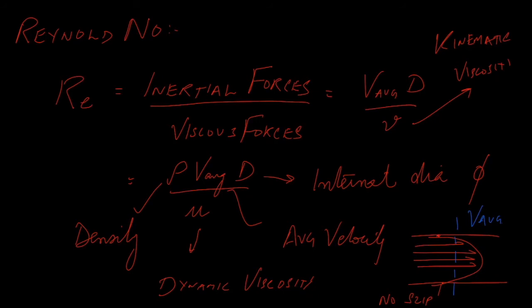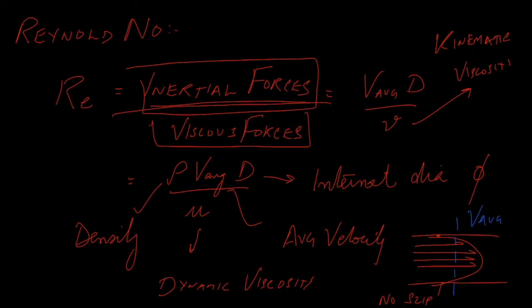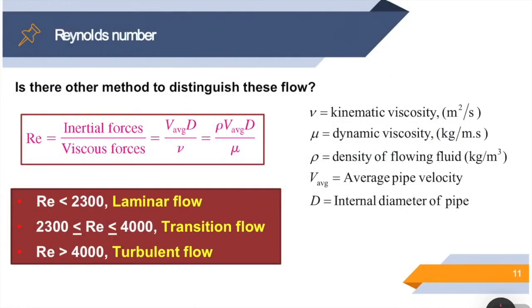Once again, it is a ratio of inertial forces divided by the viscous forces, rho V d divided by mu. So these are some of the ranges for laminar, transition and turbulent, and we need to understand how these transitions occur and what these Reynolds numbers, 2300 etc., mean.